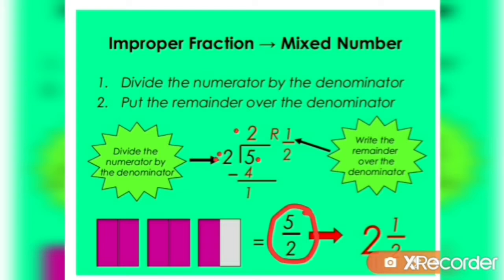2 2s are 4. So 1 is remainder. We will use these 3 numbers to convert this improper fraction into mixed fraction. Very easy. Look, here we have answer. 2 integer 1/2. How we got the answer?